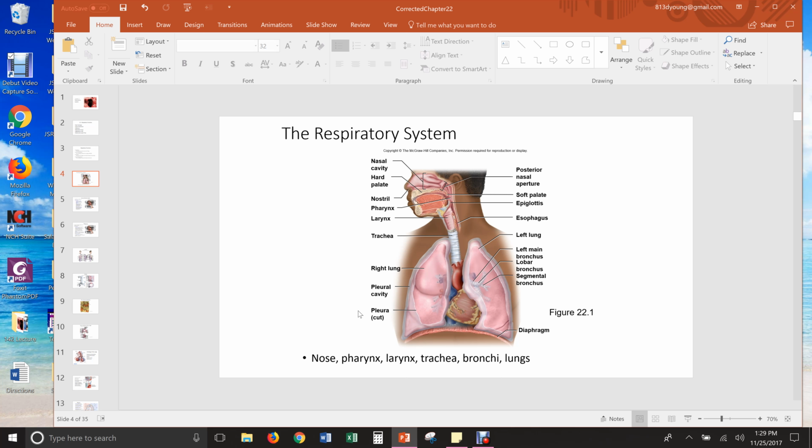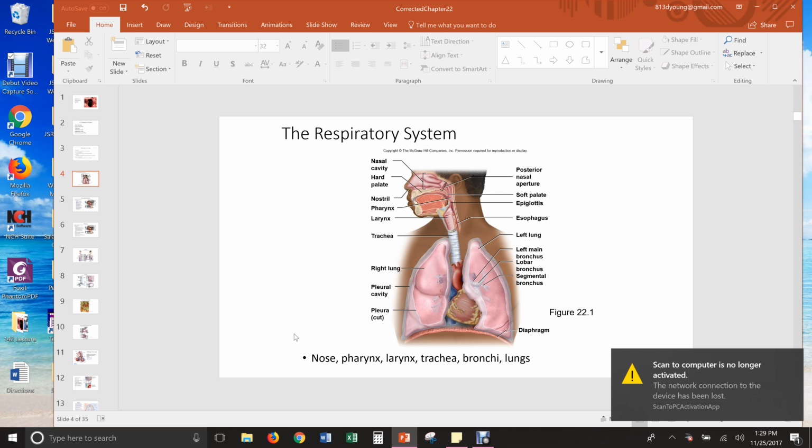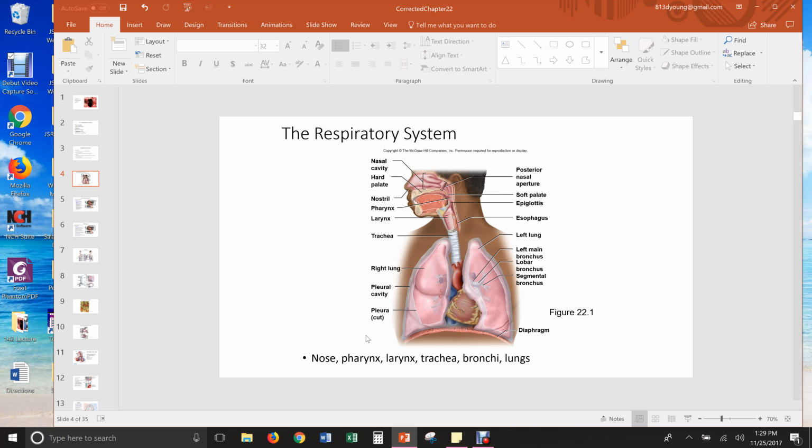And then we're going to have a respiratory zone where within the lungs, we're going to see the gas exchange between the air and the blood.